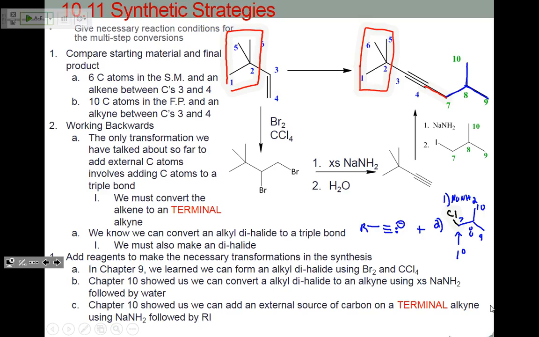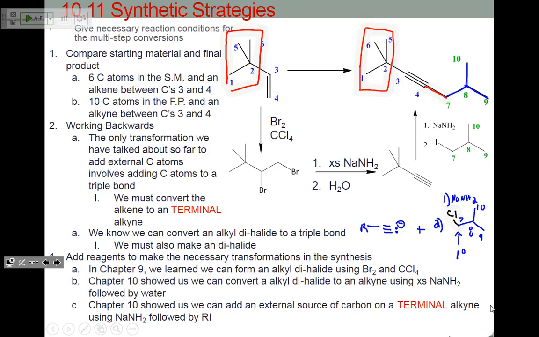Now, in all technicality, when we react this with this, if we use excess, remember we're going to form this. So instead of adding water, I could just then add this. But for clarity, when I'm explaining it to show that we're going through the triple bond, I broke it up into 2 steps. You could isolate this, but it's also okay to add just our excess NaNH2 to our compound that has our 2 leaving groups.